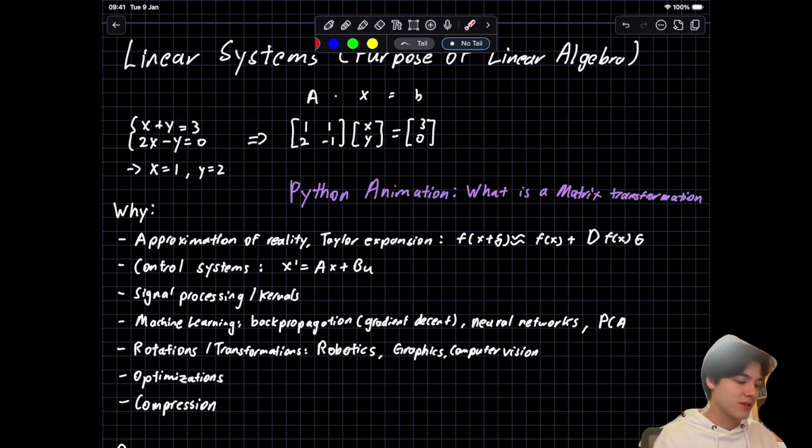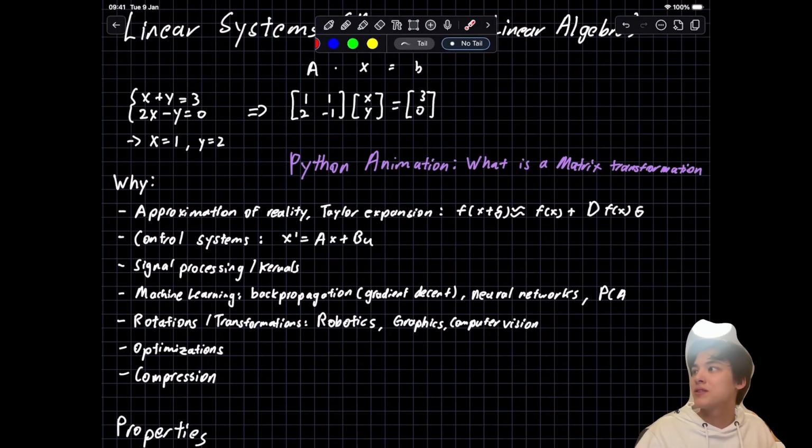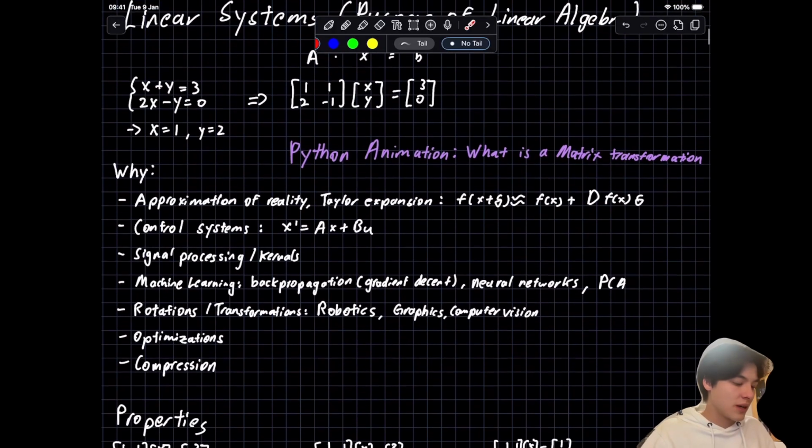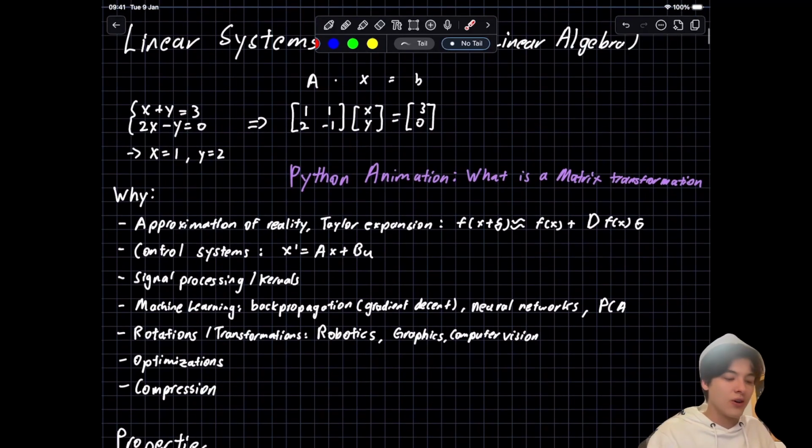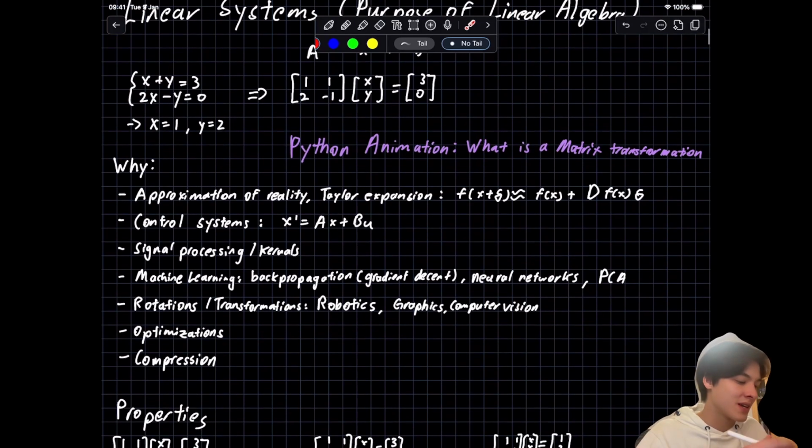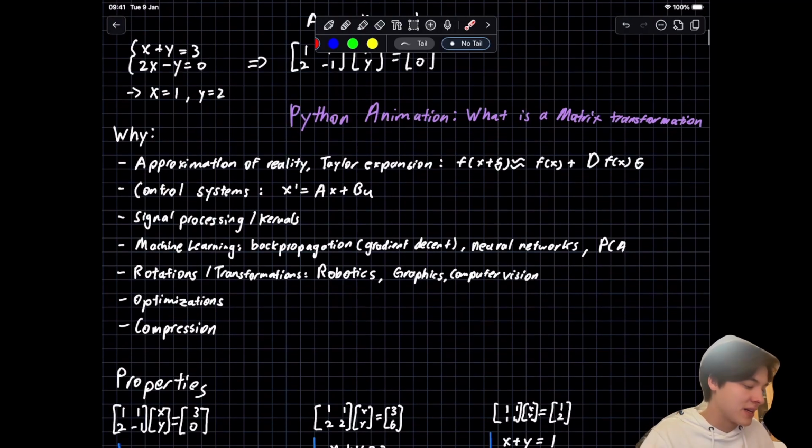But there's a matrix notation. So why do we do this? Of course, if we have matrices, we can make them infinite or super large for the computer to compute. Like this, we need to calculate by hand. It's impossible if we have large systems. And with the computer, we can automate it.